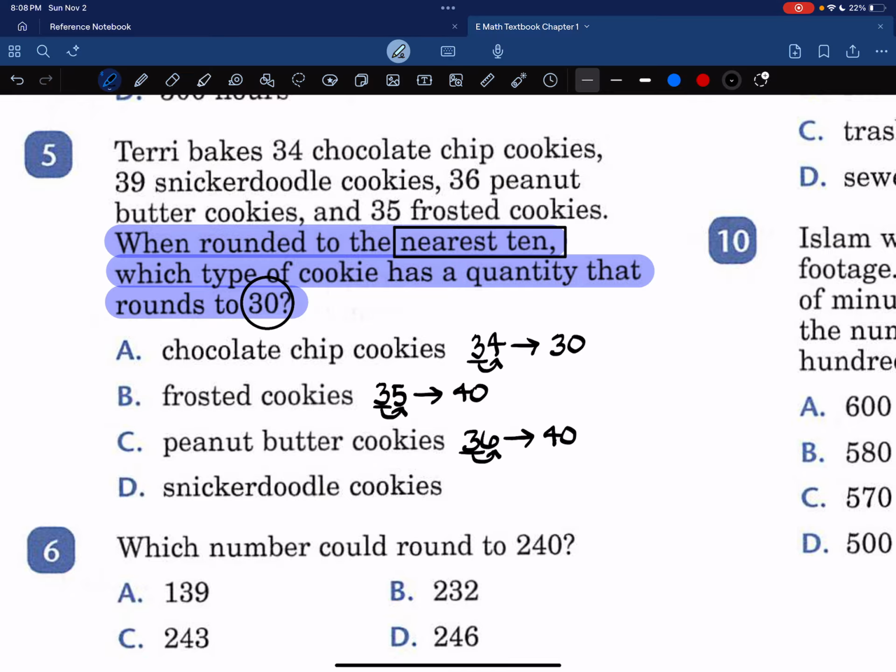And then the snickerdoodles are 39. And the neighbor says definitely round up. I'm not sure if that was a misprint or if they meant to reverse the order. I suspect they intended to. The answer you want is A, because it's the one that rounds to 30.